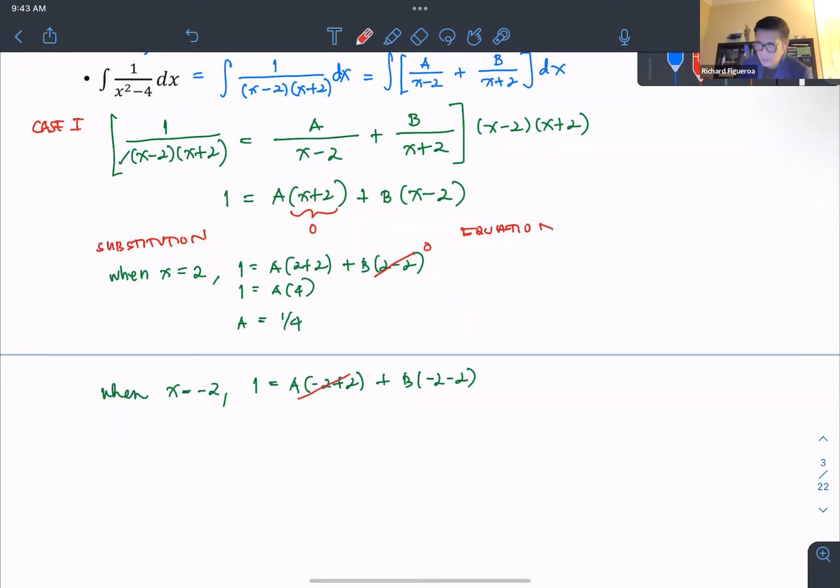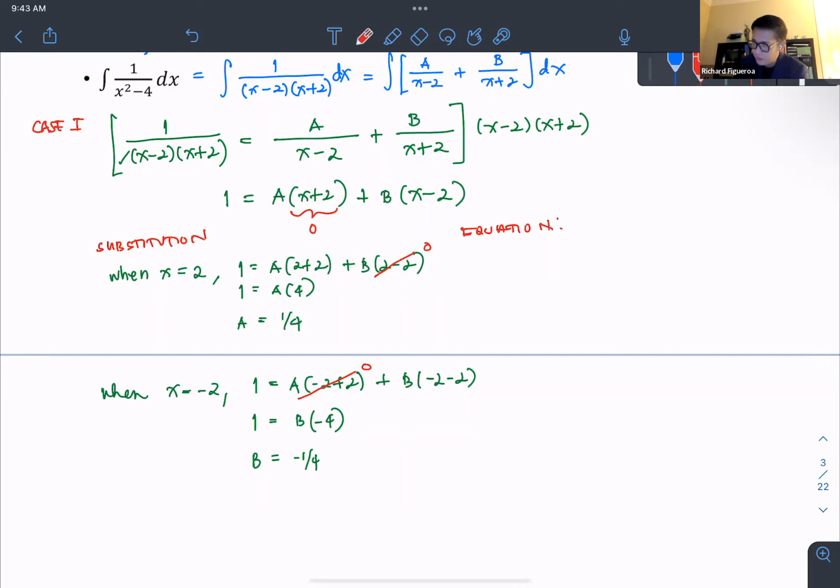So -2 plus 2 is 0, which gives me 1 is equal to B times -4. Therefore, B is -1/4. So now we have the values of A and B. We just substitute them, and then we get the new integrand, the equivalent partial fraction for the integrand.